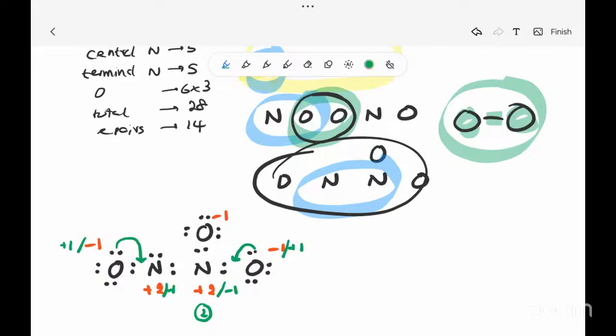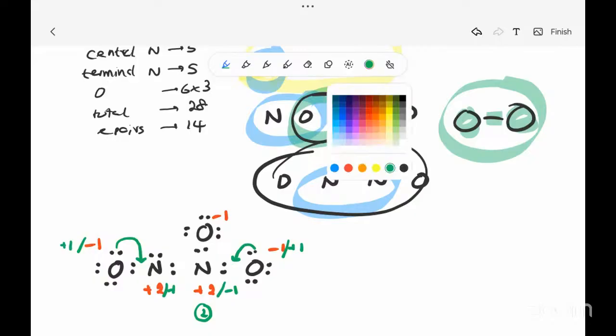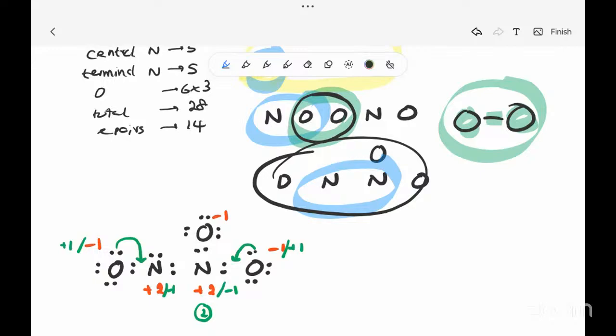At the end of the day, we will have something like this: oxygen, nitrogen, nitrogen, oxygen, oxygen.